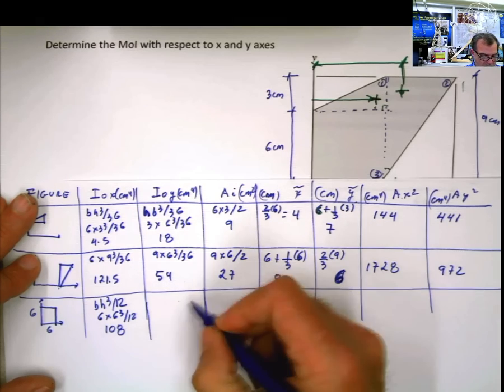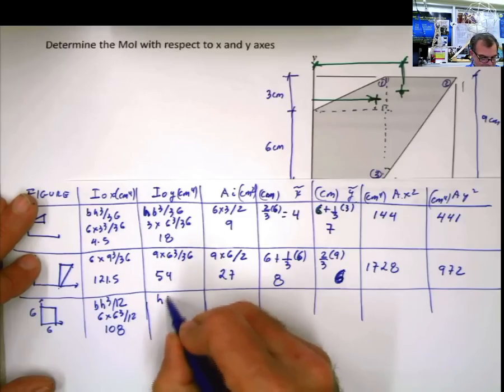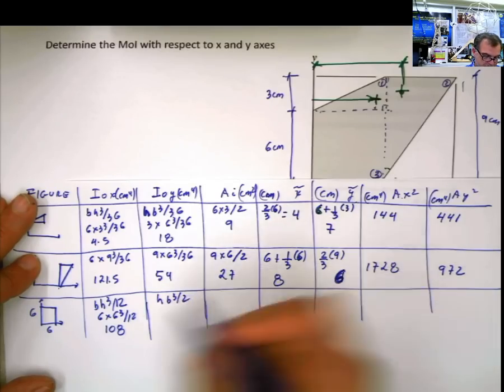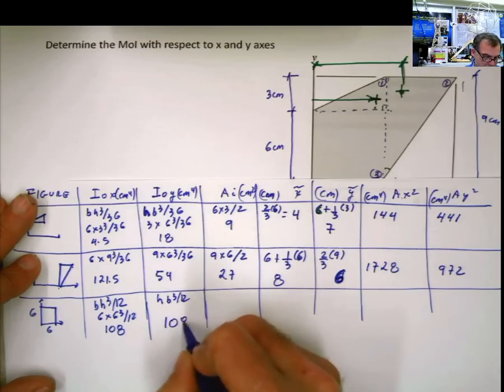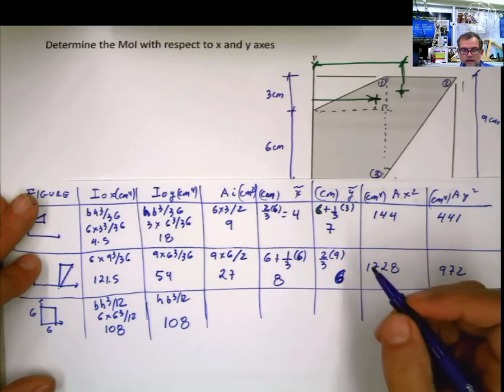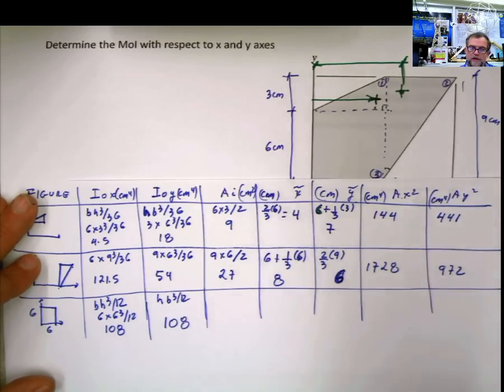For the y direction is HB cubed divided by 12, but it's the same because 6 times 6 to the third divided by 12, 108 also. It is a square, not a rectangle. It has the same moment of inertia in both directions.